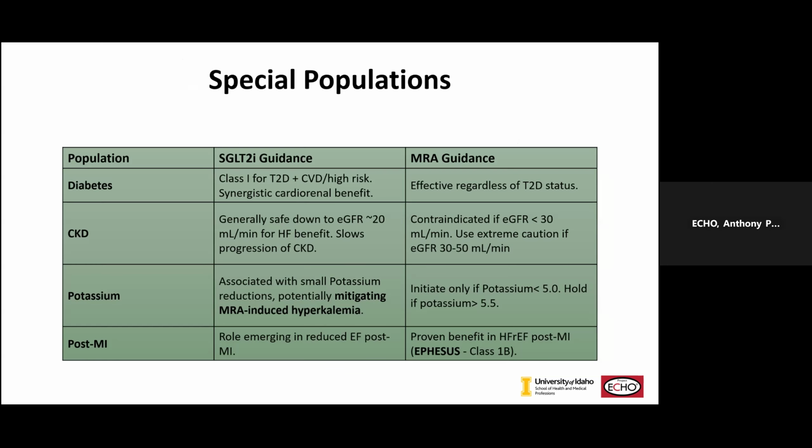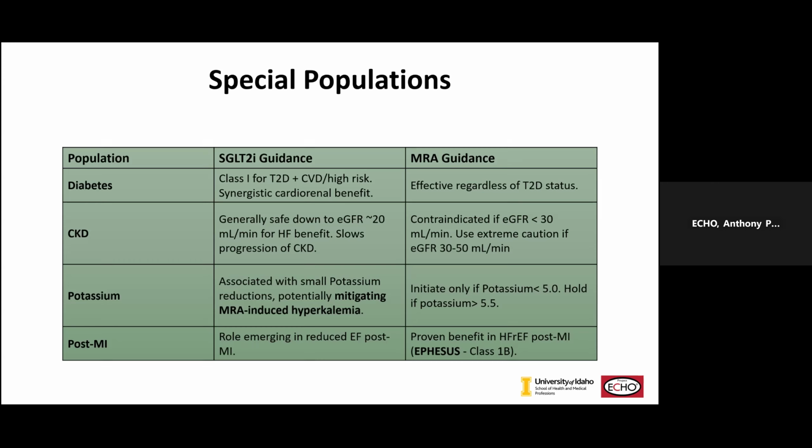Special populations, we look at diabetes. SGLT2s are a cornerstone of treatment in diabetes. So it is class 1 for type 2 diabetes, along with cardiovascular disease and high risk. It kind of goes back to that cardiorenal metabolic pathway. It's like you're killing two birds with one stone with it. So it's a great drug. And then with MRAs, it's still effective regardless of your type 2 diabetes status.